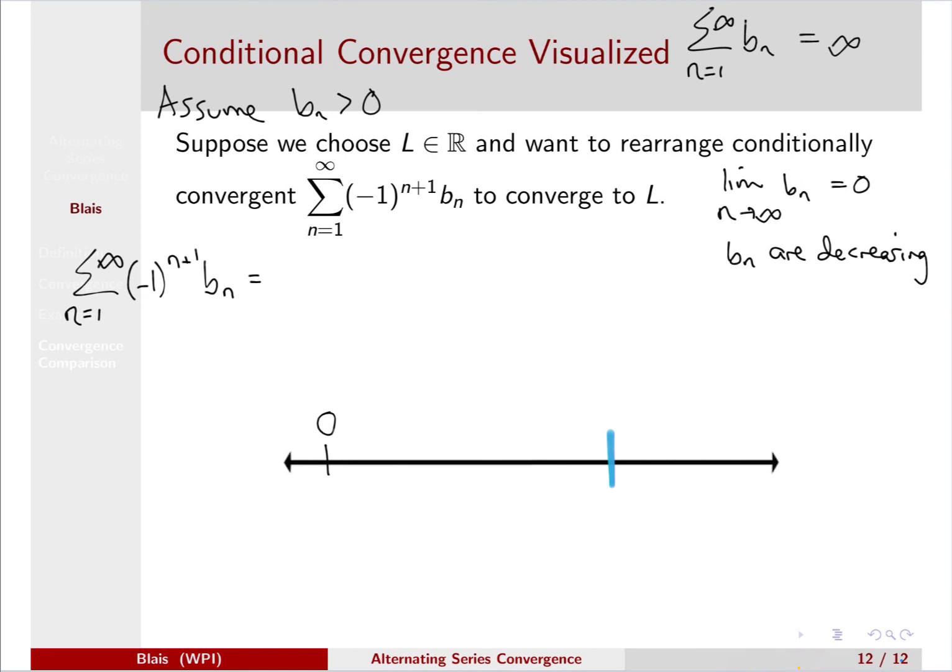So suppose we know our positive terms are the odd indexed ones. So we have b1, minus b2, plus b3, plus b5, plus b7, and the even indexed terms are negative.